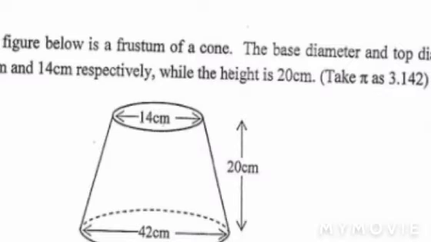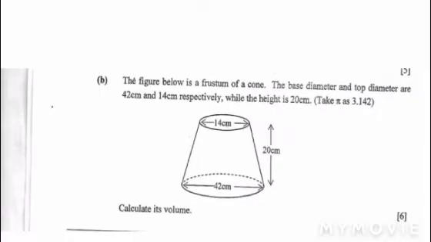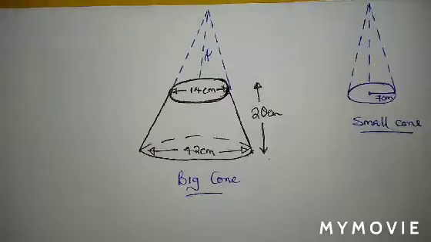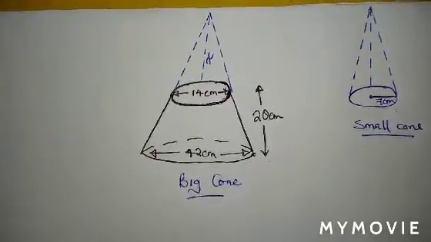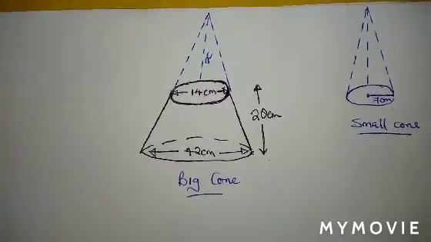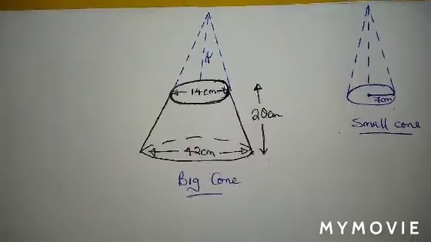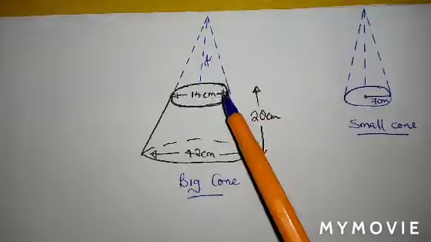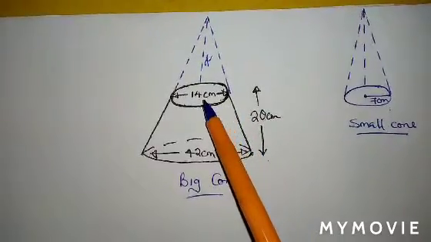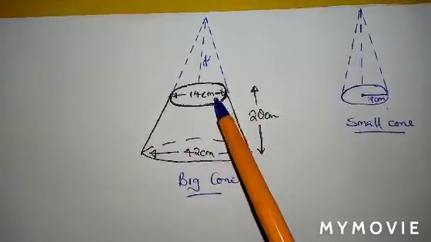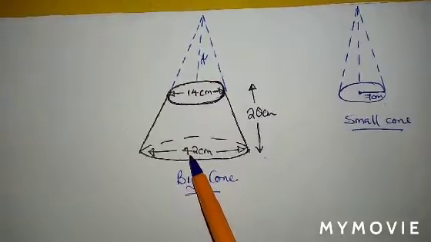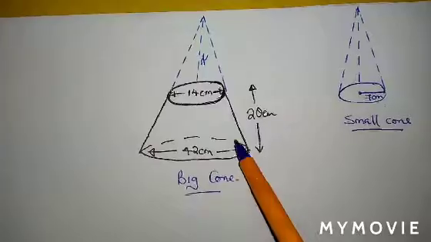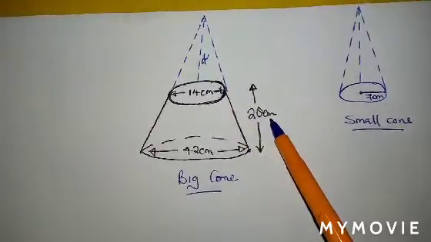Let's now look at how we can solve this question. I've roughly drawn the frustum that we are given in the question so that we can do the solving together. The top diameter is 14 centimeters and the bottom diameter is 42 centimeters, with the frustum height from here to here being 20 centimeters.